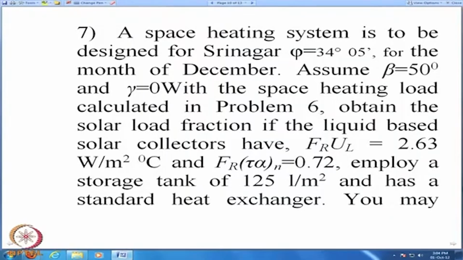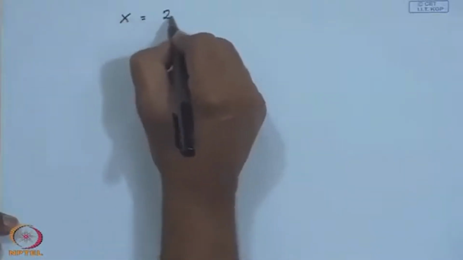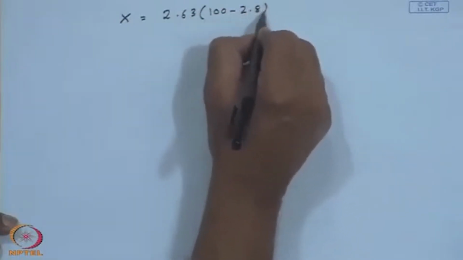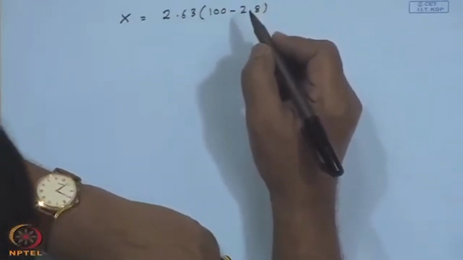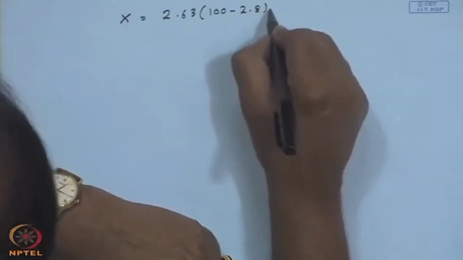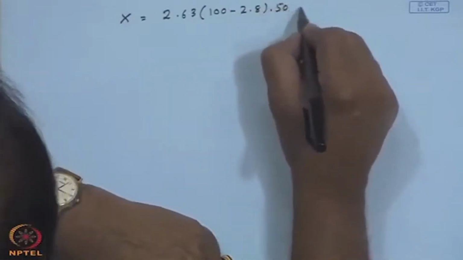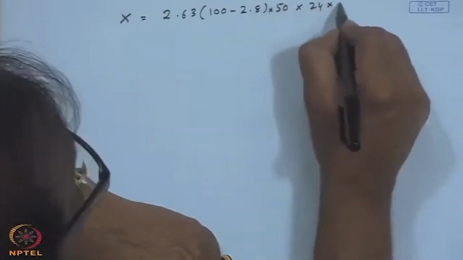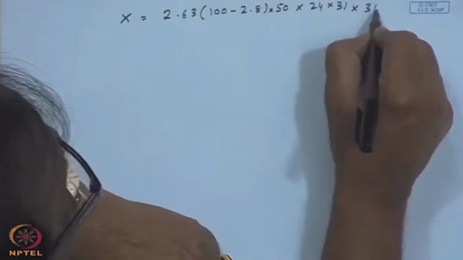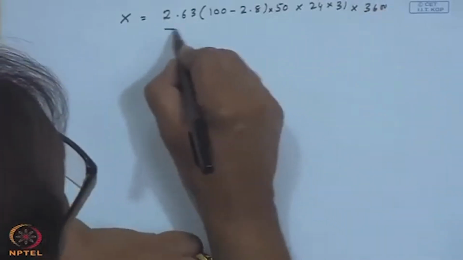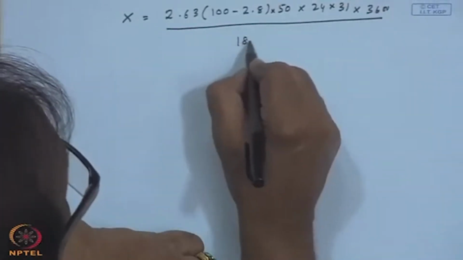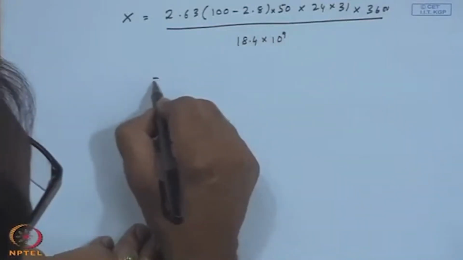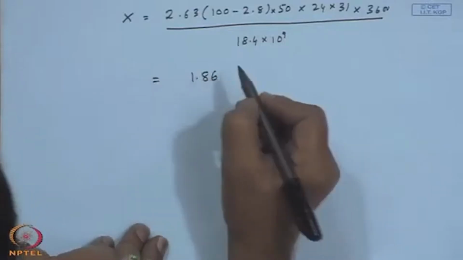So, first X will be 2.63 into (100 minus 2.8, which we have calculated while calculating the degree days, the average temperature) times 50 times 24 into 31 into 3600 by 18.4 into 10 to the power 9 joules. This will be 1.86.